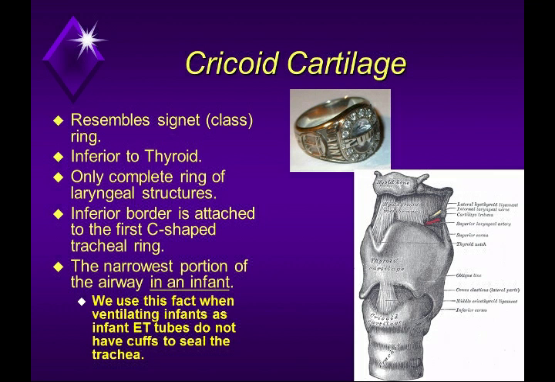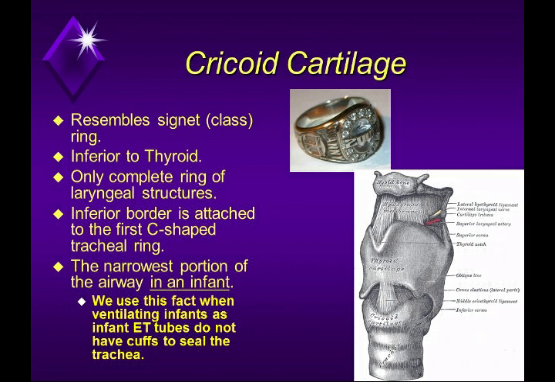Inferior to the cricoid is the first tracheal ring, so it's the ending part of the laryngeal structures. Okay? This portion is the narrowest portion in the infant, whereas the glottic opening was the narrowest portion in the adult of the laryngeal airways. This area is the narrowest in the infant. Okay.